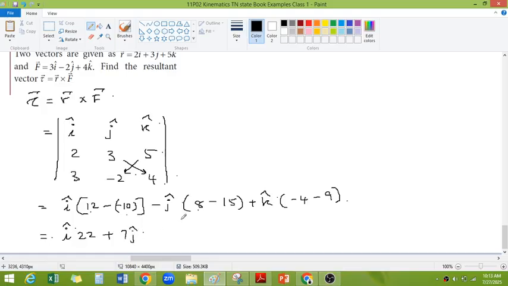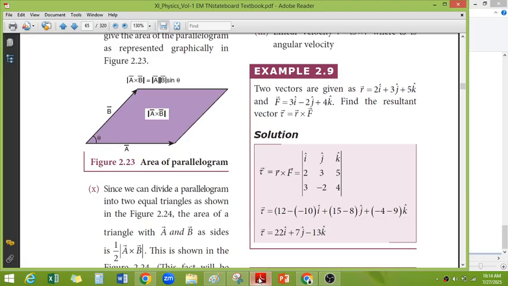Minus 2 minus plus, this will be minus 13k. That's your answer. 22i, 7j, minus 13k.